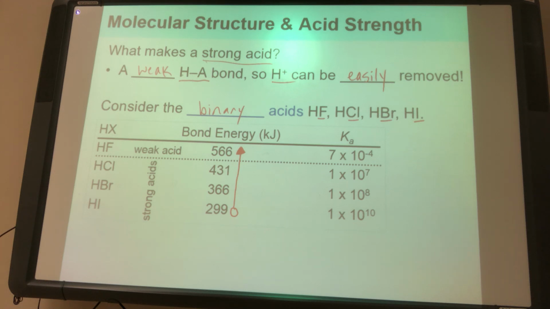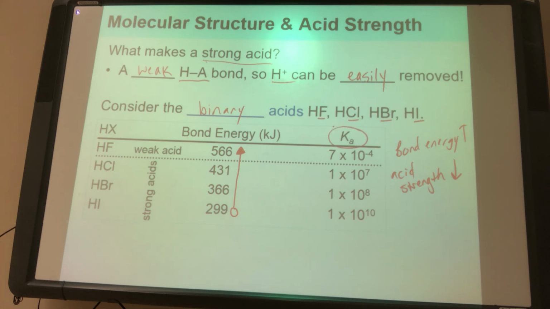So if it's pretty weak, I can break it really easily, and if it's easy to break, I can make it a strong acid. As my bond strength gets higher, it's harder for me to break it, so the strength of my acid gets weaker. So as my bond energy increases, my acid strength decreases.